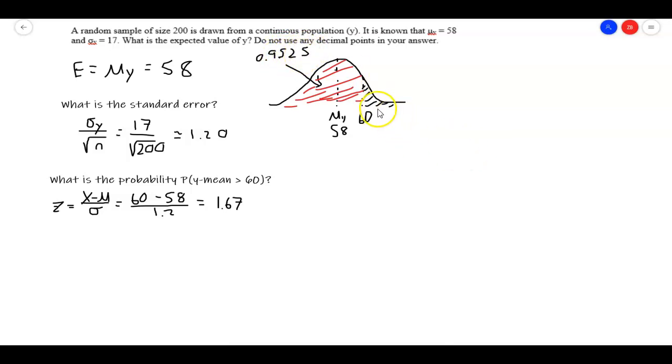However, we're looking for this other area, the smaller area to the right here, because our problem is a greater than. So in order to find this area, remember the entire area adds up to 1.